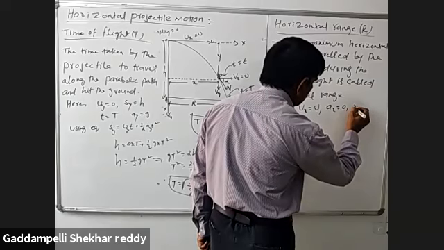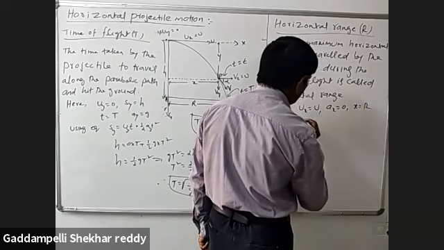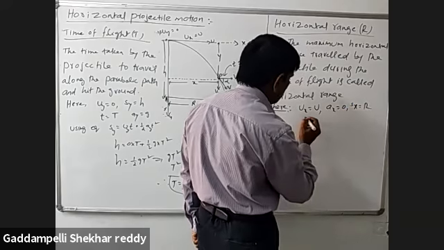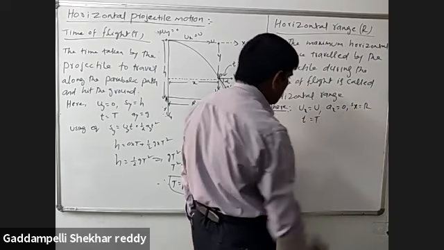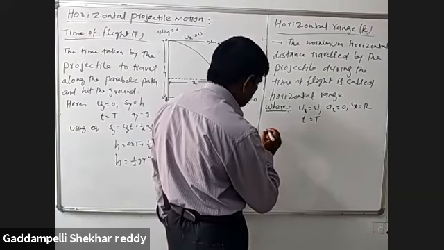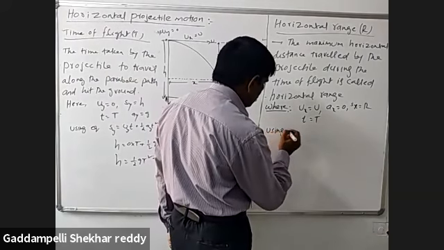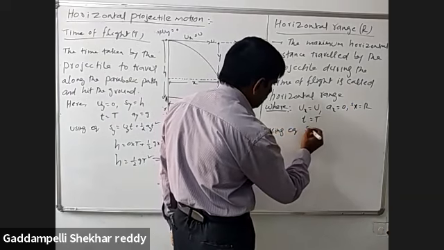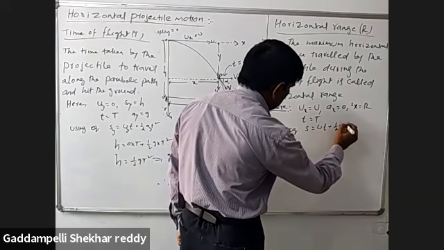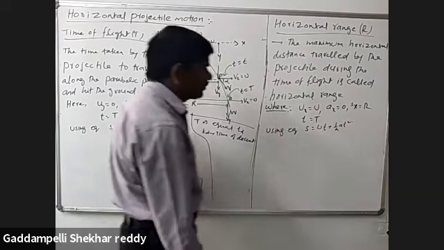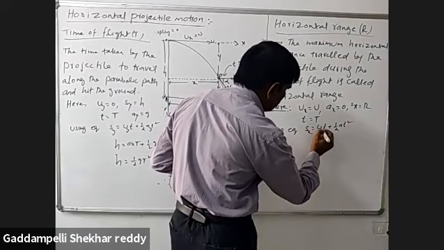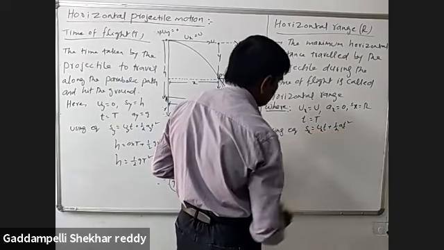Horizontal distance x is equal to R, that means sx is equal to R. Time required is capital T. Now using the equation s is equal to ut plus half at square, where s means horizontal direction sx, ux, and ax.